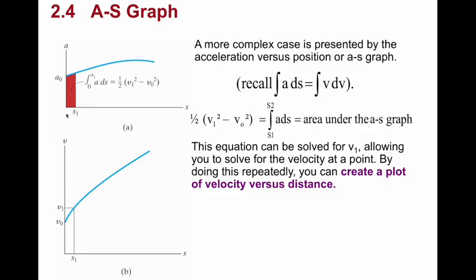If I find that area under the curve between the initial position and final position s1, you'll have this side of the equation. Then you can solve for v1, moving terms to the other side and taking the square root, and that will give you the first point. You just have to do that extra step to solve for v1, but you can definitely make a v-s graph if you have your a-s graph.